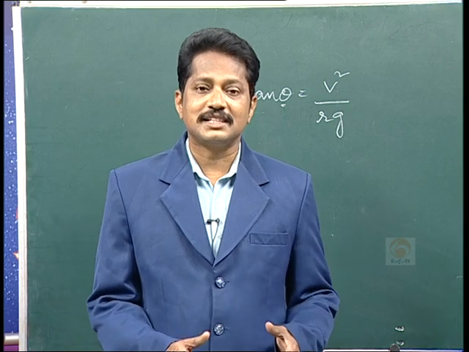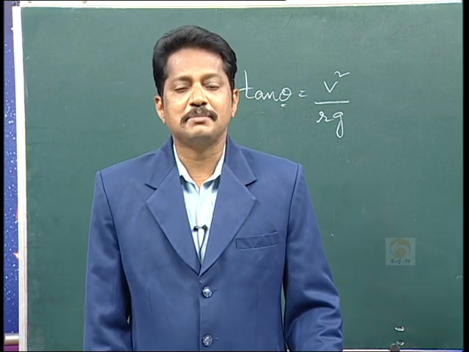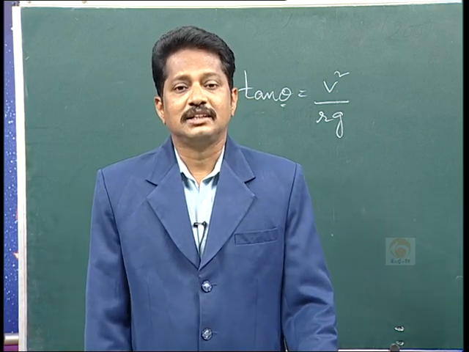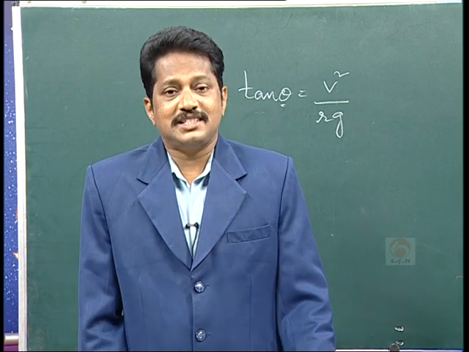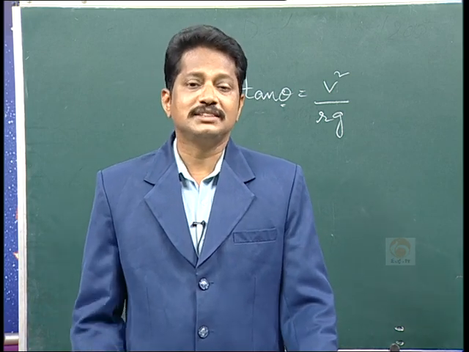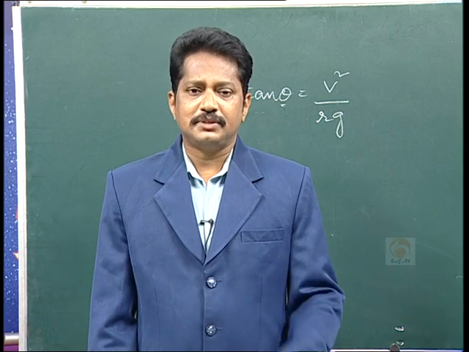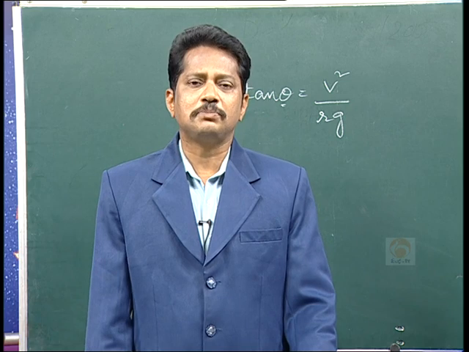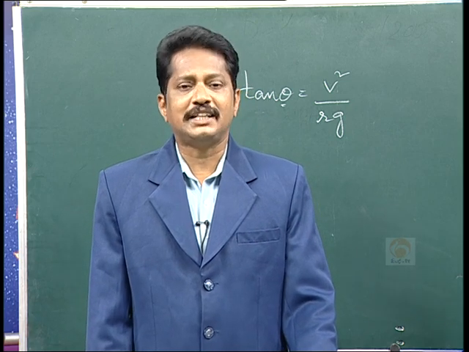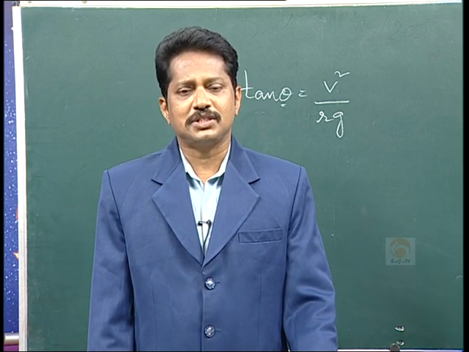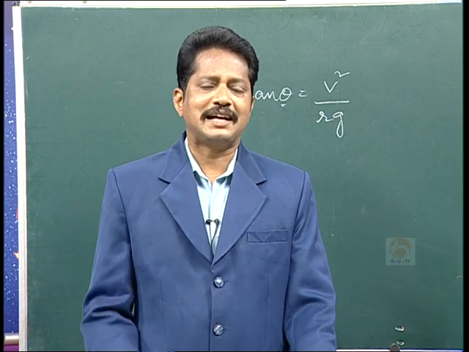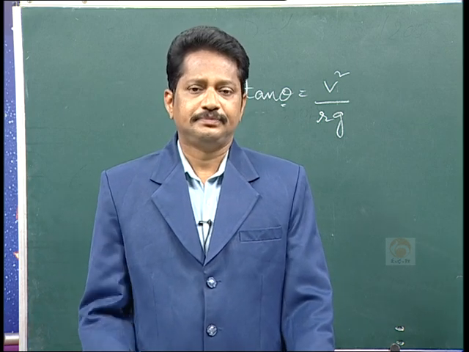This physical science concept is connected with a chemistry concept also, that is called uncertainty, the Heisenberg uncertainty. For example, if you want to know the position of an electron in an atom, you have to provide some kinetic energy to the atom.